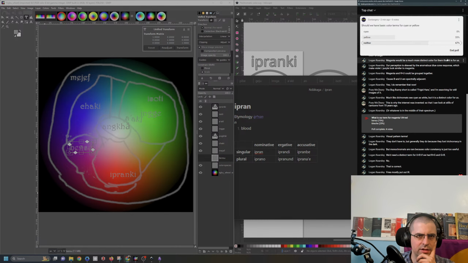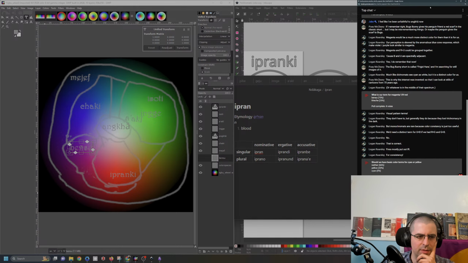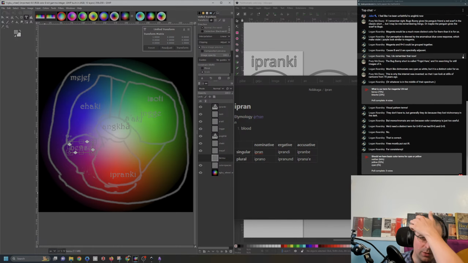Okay, I guess you guys don't want to have the special roots, huh? For consistency, but real color terms are not always consistent, Logan. So they probably will do compounds, like ipranki inge, right?